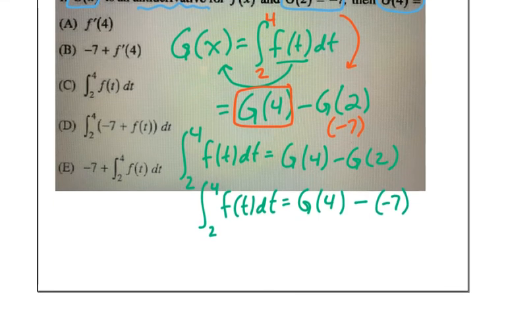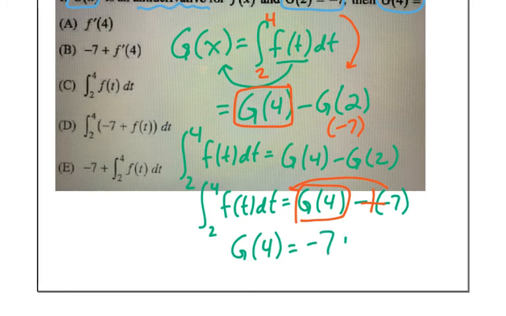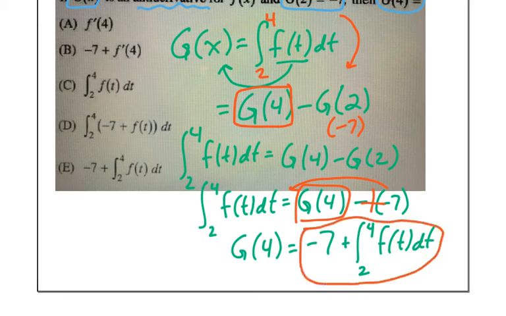That negative just turns into a positive. So what is g of 4? One more step. g of 4 should be equal to, if I bring that over, I have to subtract it. So -7 plus the integral from 2 to 4 of f of t dt. Let's see if we can find that answer somewhere in my multiple choice here. Yep, did you see it?